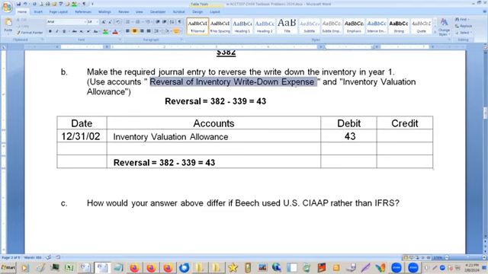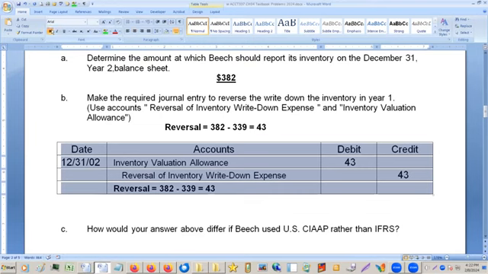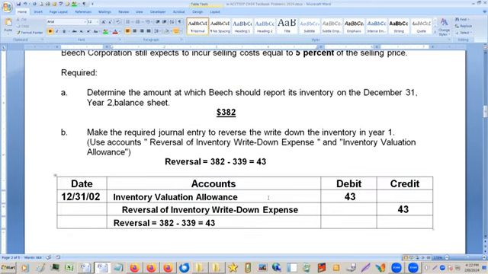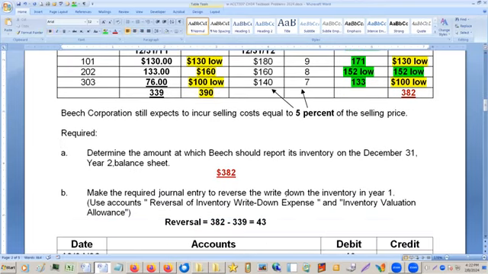And the reversal of write-down expenses, this is sort of like a gain, will be 43. And again, we're going to reverse it out for the 43 to bring it up to the lower of cost or net realizable value. So this is the amount we should have on our books. And so we will write it back up to the extent that it recovered some of it. Now, it didn't recover all of it, but it recovered some of it.